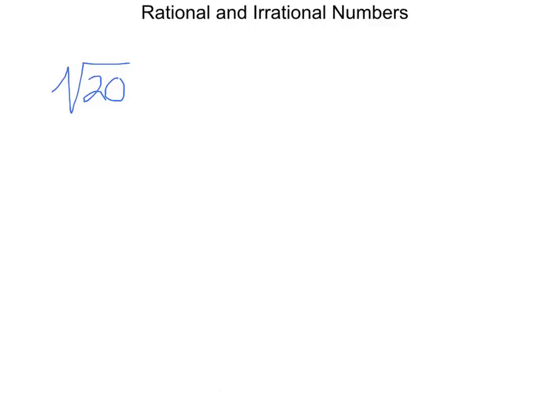Once you've figured that one out, then go ahead and try 3.85, where 8 and 5 are repeating. And then for our last example, why don't you work with the square root of, let's say, 49. Go ahead and pause the video and figure out for yourself which of these are rational or irrational.